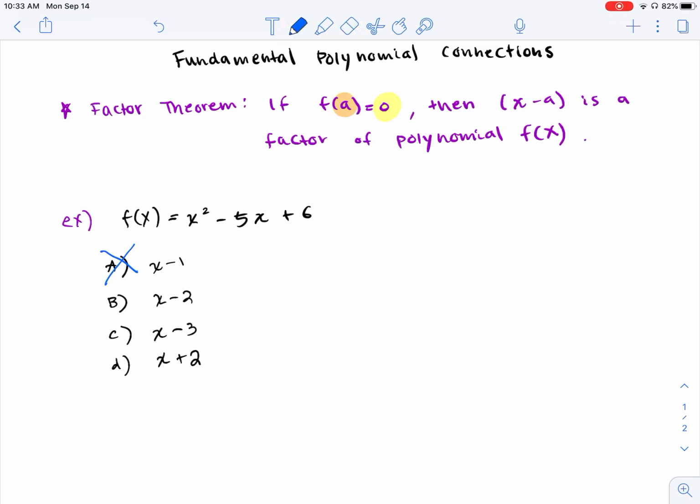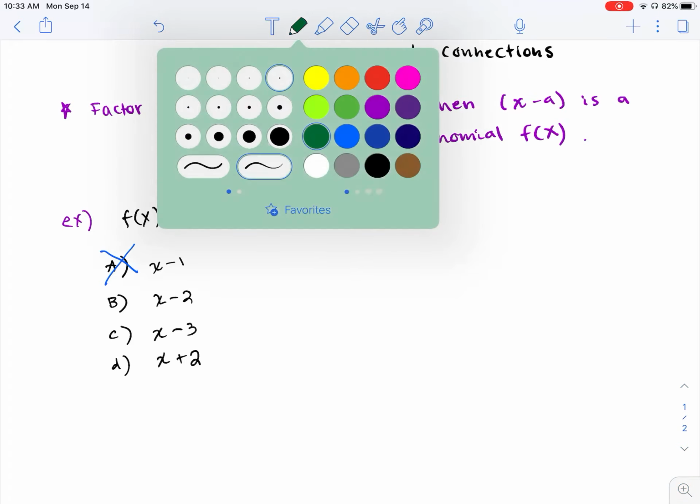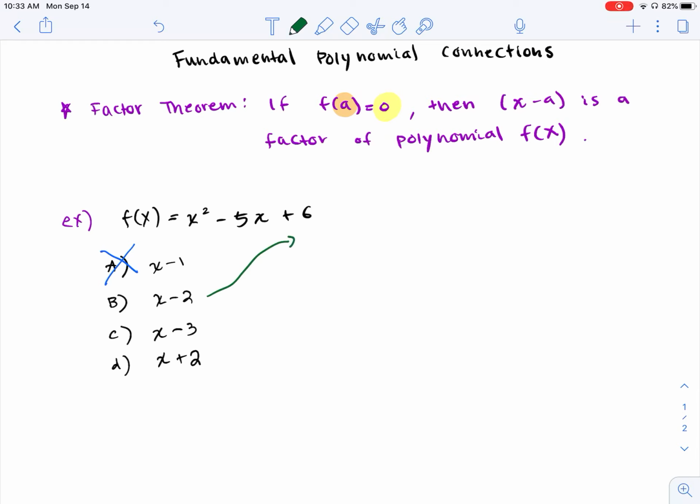Same concept. Let's do a different color, forest green. We're going to first solve for x. So x is equal to 2. This time we're going to substitute 2 into our function, and our goal is to get 0.